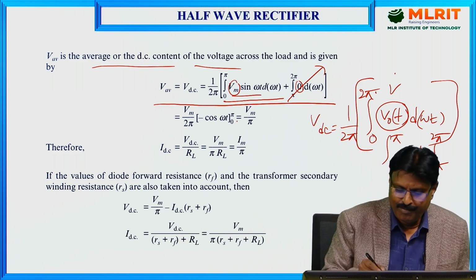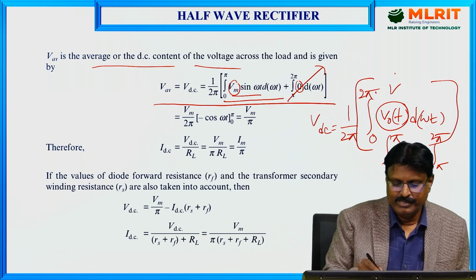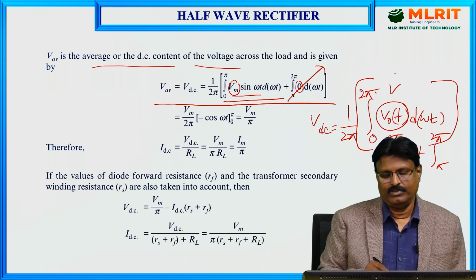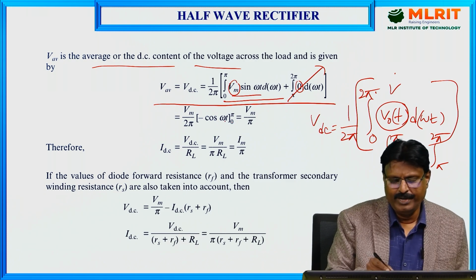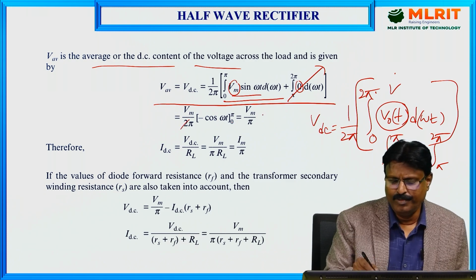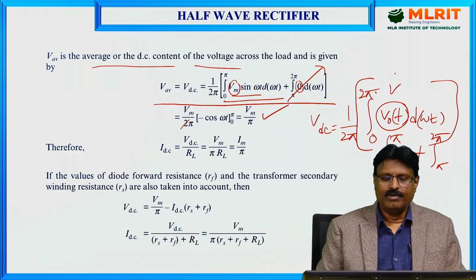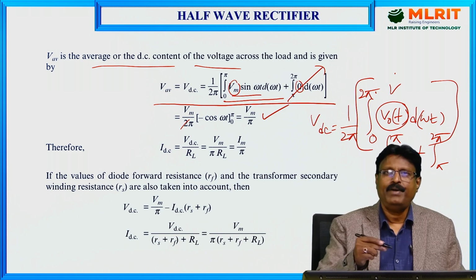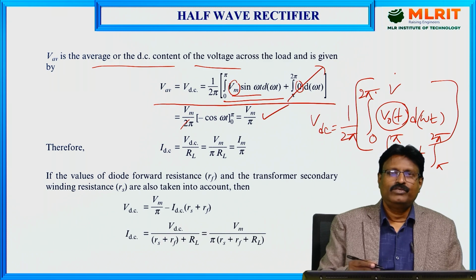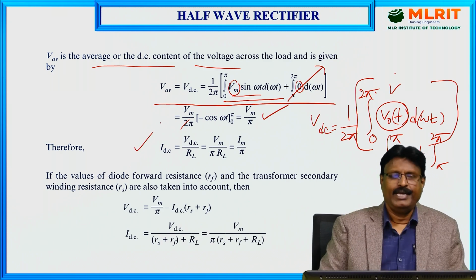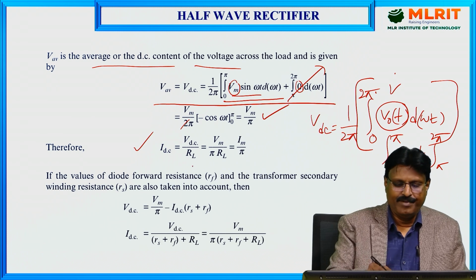If I apply the limits of integration, you will get cos pi minus cos 0, so totally you will get 2, and the 2 cancels, giving Vm by pi. So the average value or VDC value is equal to Vm by pi. Since you know the voltage, you can obtain the value of the current IDC. IDC is equal to VDC by RL.